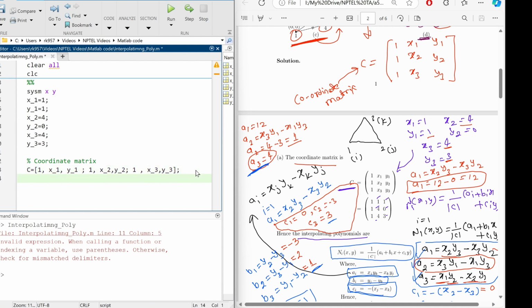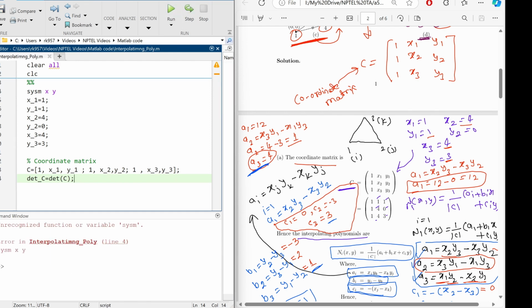Okay, so I want to find the determinant. So I will write here det of C equal to. Let's see. Is it okay? Symbolic.